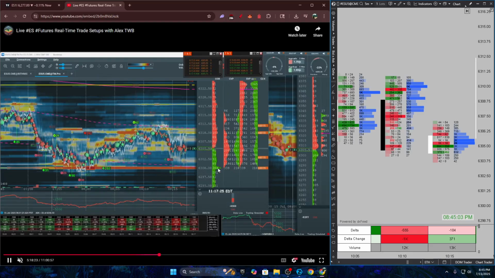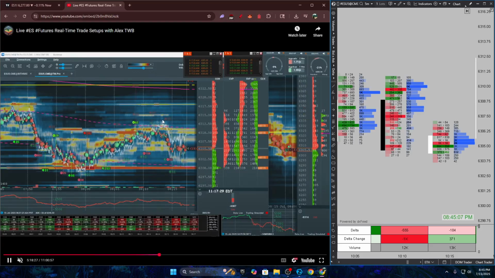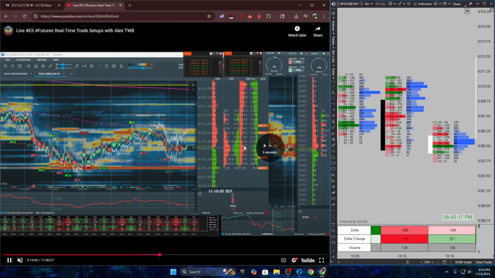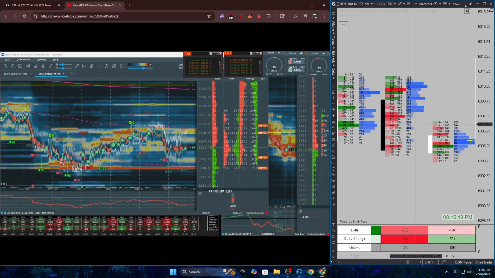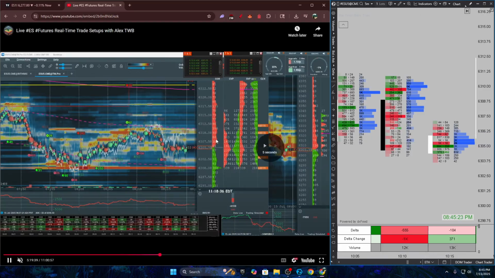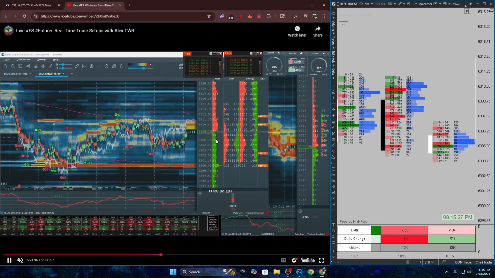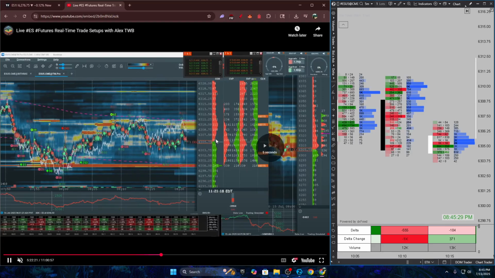And now this 6300 level got 300 contracts as before, 800 over there. Maybe absorption occurring here. It's hard to tell simply because there's no limit orders at that point, but sellers are having trouble breaking below. We're starting to see a flush of aggressive buying start to come in. And yeah, we're having a big battle there.